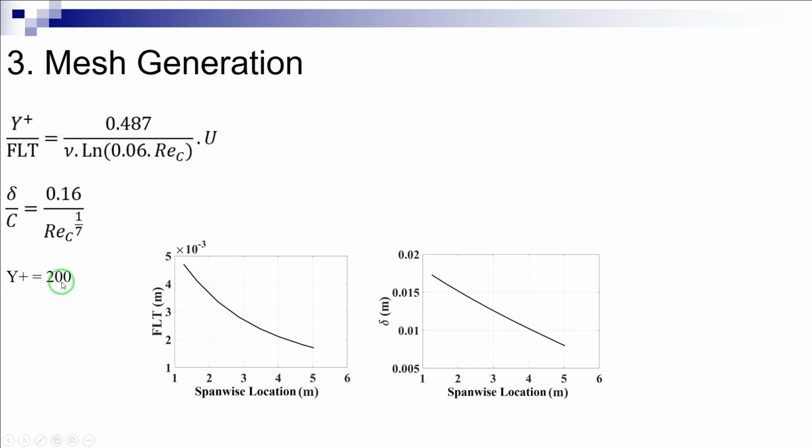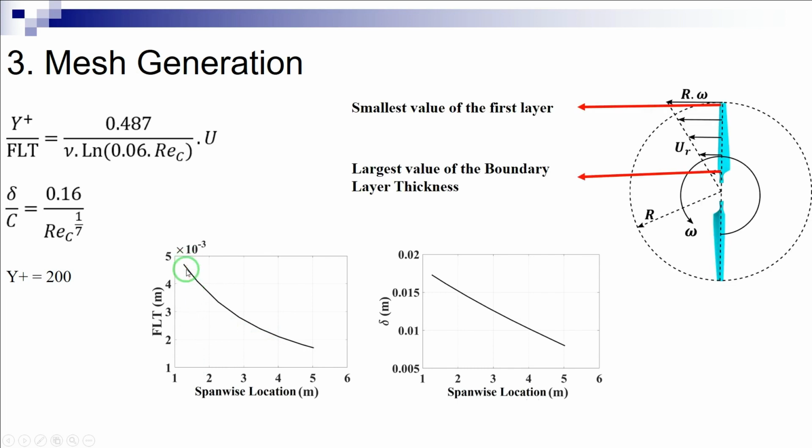As can be seen from these figures, both the first layer thickness and boundary layer thickness decrease from the blade root to tip. Therefore, the smallest value of the first layer thickness is associated with the blade tip. Moreover, the boundary layer has the largest thickness close to the blade root.